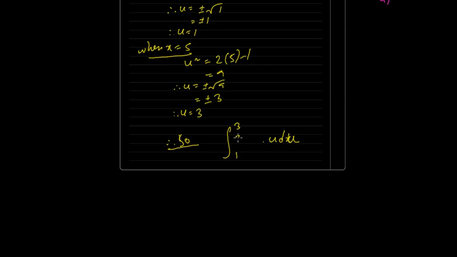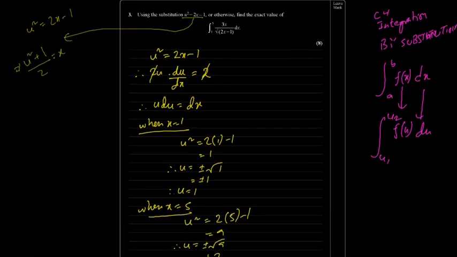So 3 times u square plus 1 by 2, divided by square root of 2x minus 1. If you send this square to the other side, u is the square root of 2x minus 1. So instead of square root of 2x minus 1, I can just write u. That's the substitution.